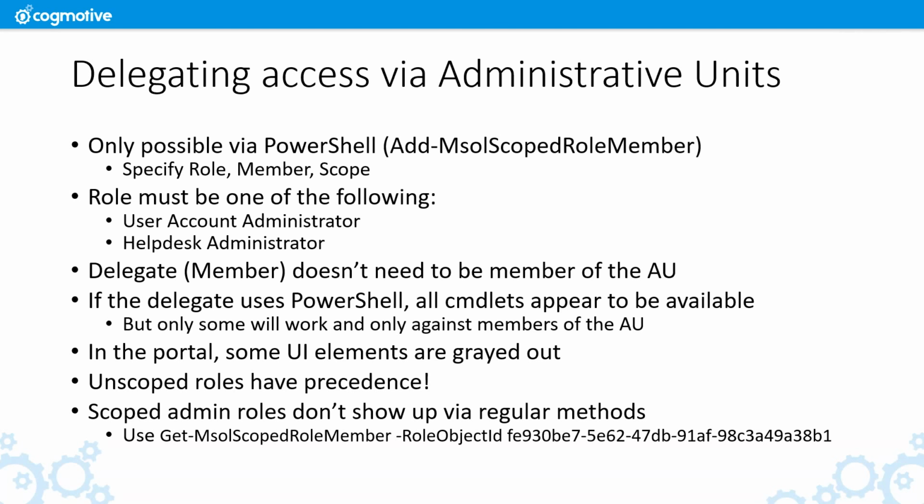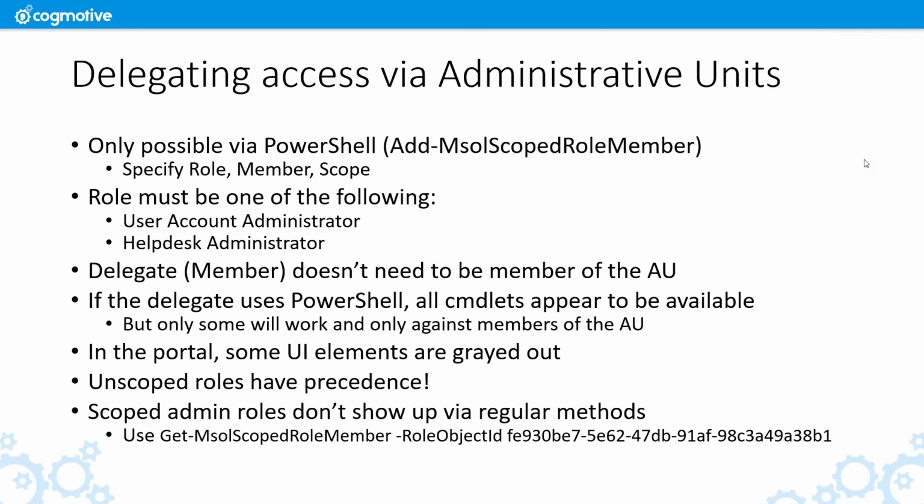The commandlet is listed there. There's the corresponding commandlet available via the Azure AD module, or of course, you can also use the Graph API. In all cases, it's not really complicated, but in general, it might be something scary for a person who's first dealing with those. So it's important to understand that there are only two roles that you can delegate via this method.